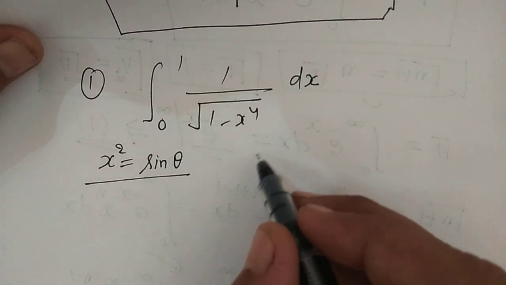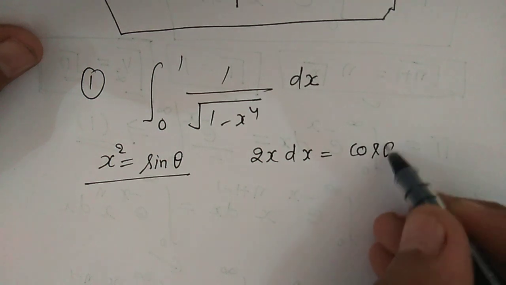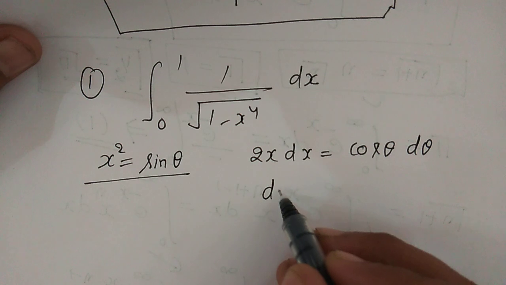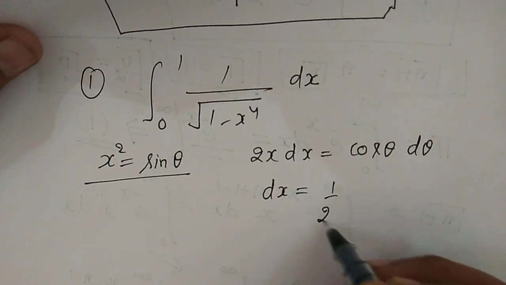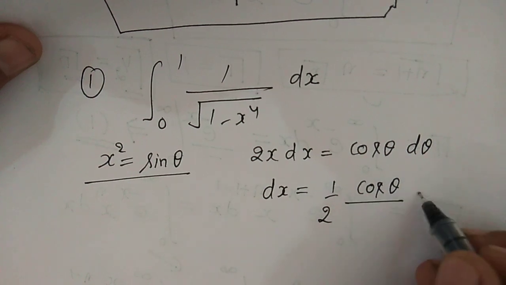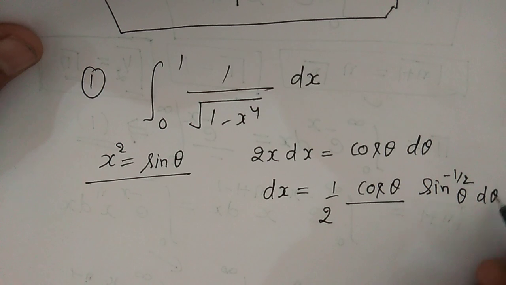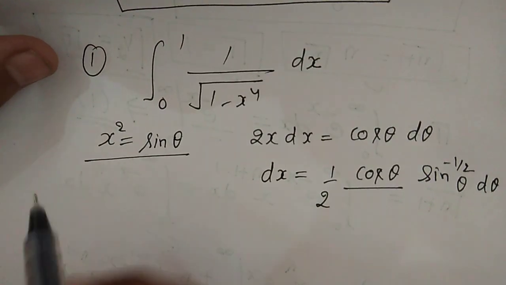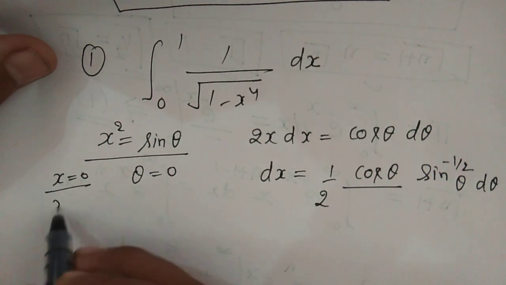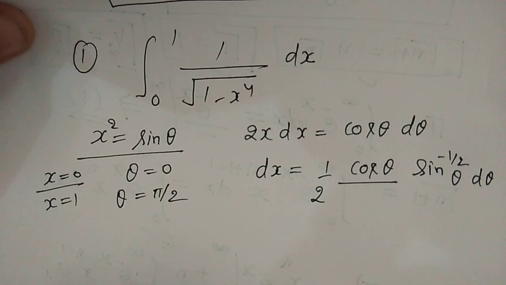Then x squared equal to sin theta. Then we have 2x dx equal to cos theta d theta, and your dx will be 1 by 2 cos theta sin to the power minus 1 by 2 theta d theta. And the limits: x equal to 0, so theta equal to 0; x equal to 1, theta equal to pi by 2.